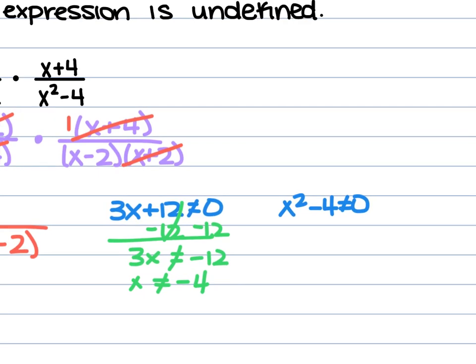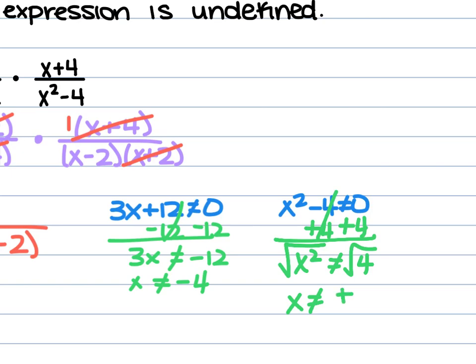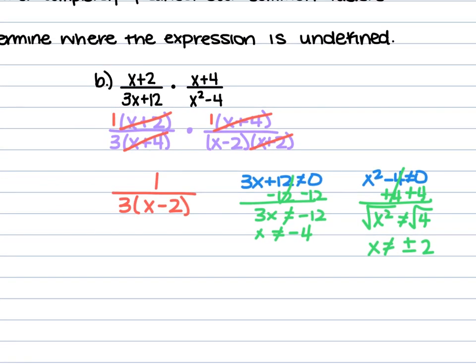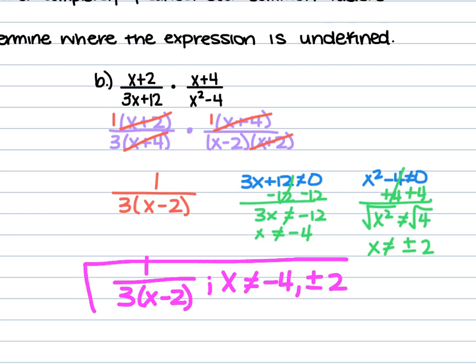For x squared minus 4 not equal to 0, we're going to add 4 to both sides, then take the square root of both sides, and we get that x cannot equal positive or negative 2. So we have our solution of 1 over 3 times x minus 2, and x cannot equal negative 4 or positive or negative 2.